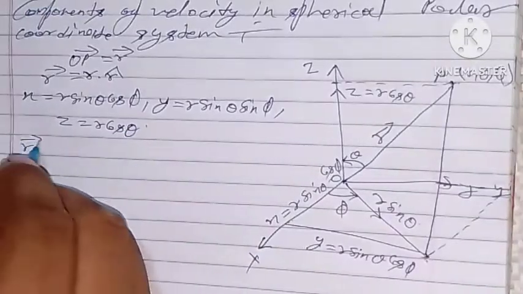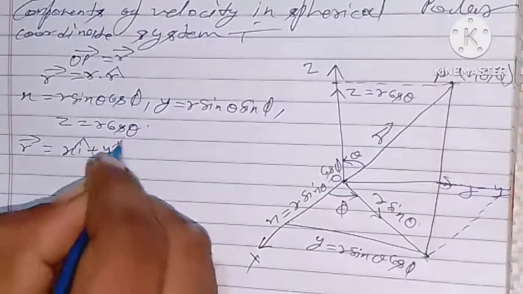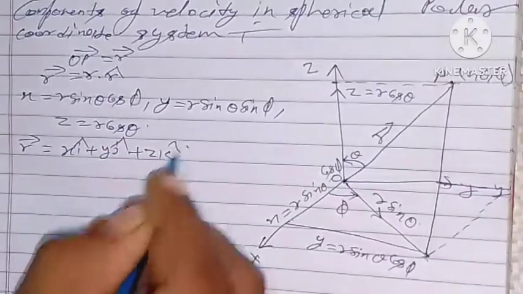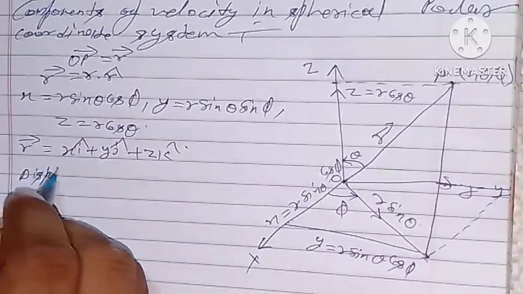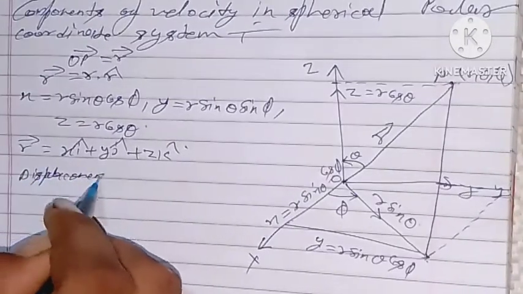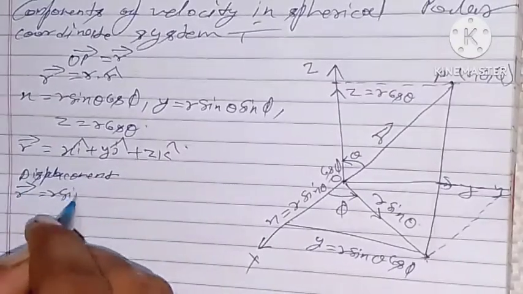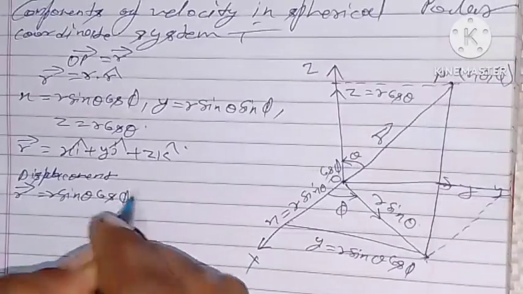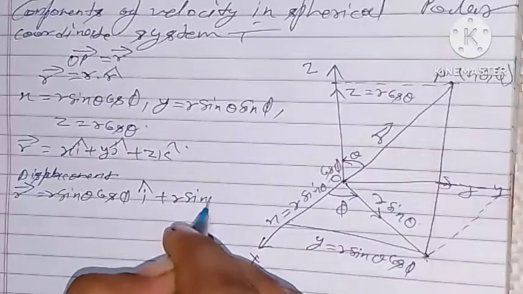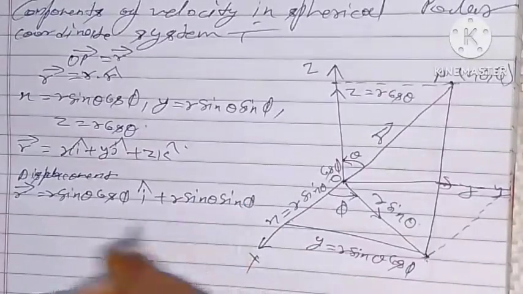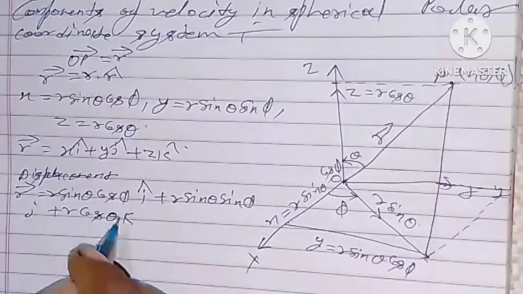As shown, vector r equals xi plus yj plus zk, the displacement. Vector r equals r sin theta cos phi i plus r sin theta sin phi j plus r cos theta k.